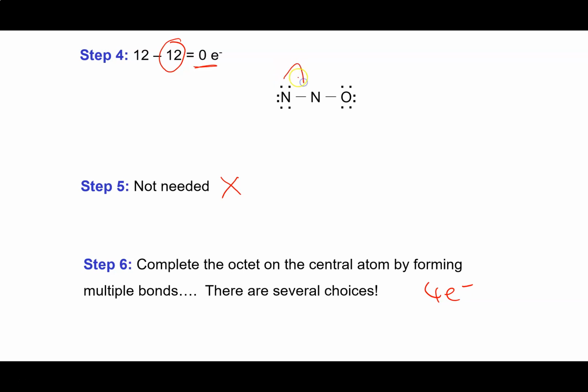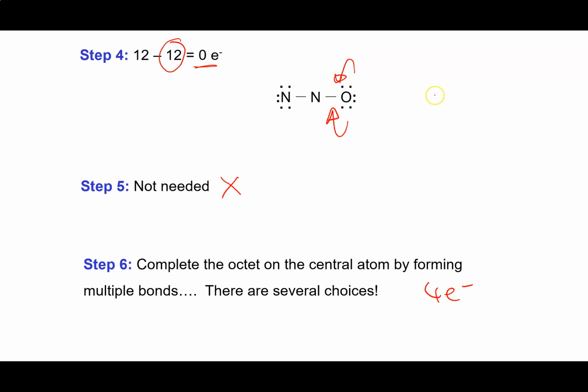Do we bring in 2 here and 2 here? Or do we bring in 4 from here? Or do we bring in 4 from here? Or does it make any difference?